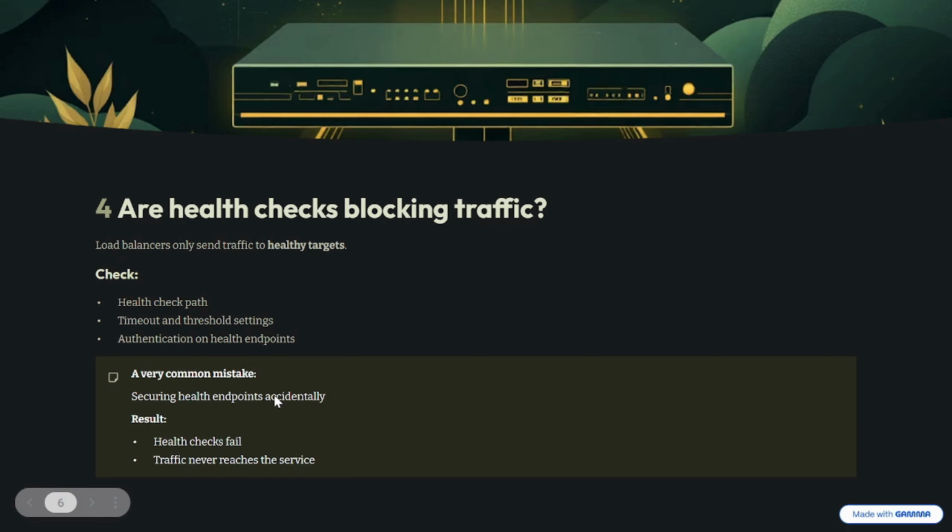Because if a health endpoint is accidentally secured with authentication, the health check will fail, traffic is never routed to the service, and the load balancer will mark instances unhealthy. So everything looks fine, but nothing will reach the service.